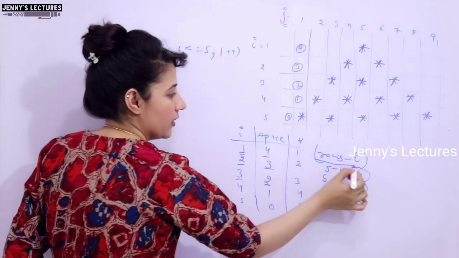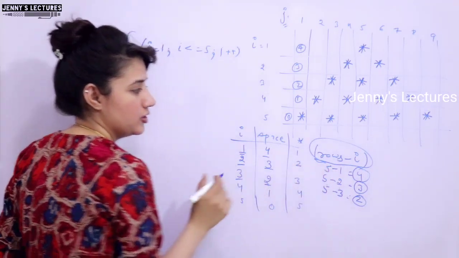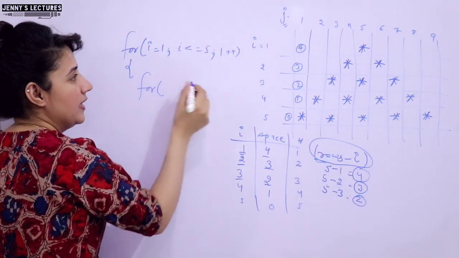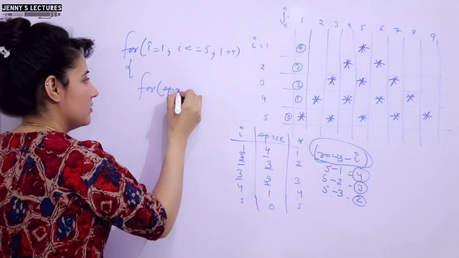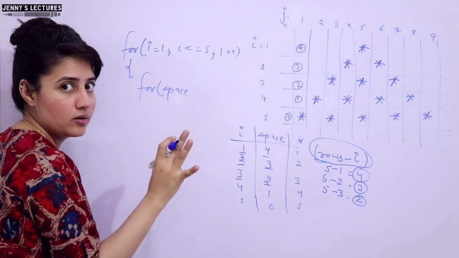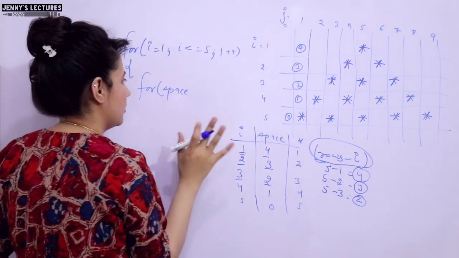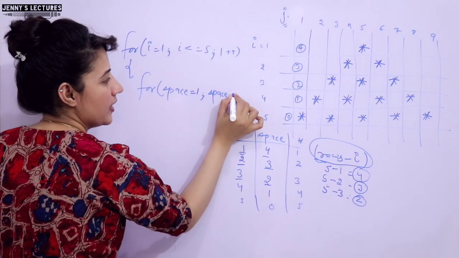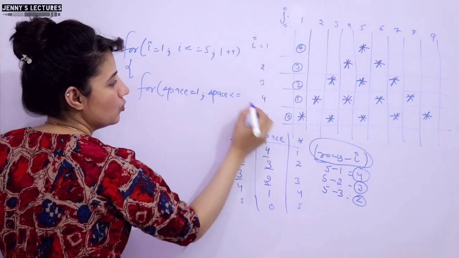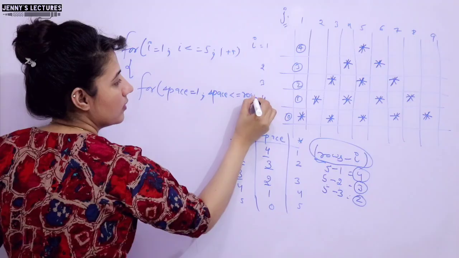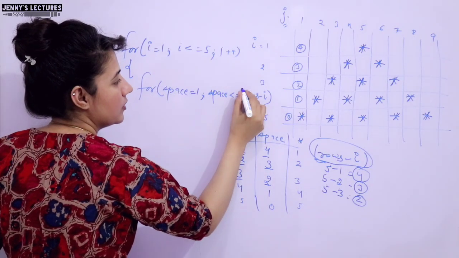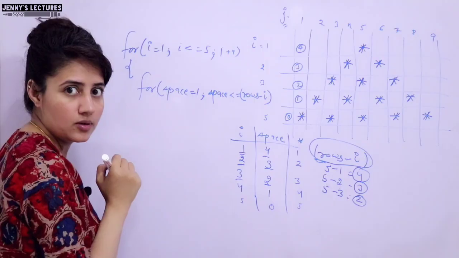So we have found out this should be the condition to print space. For printing space, I am just taking the variable name space only. I am not taking any k or something like this. Space is equal to 1, and what should be the condition? Space less than equal to rows minus I. This should be the condition.